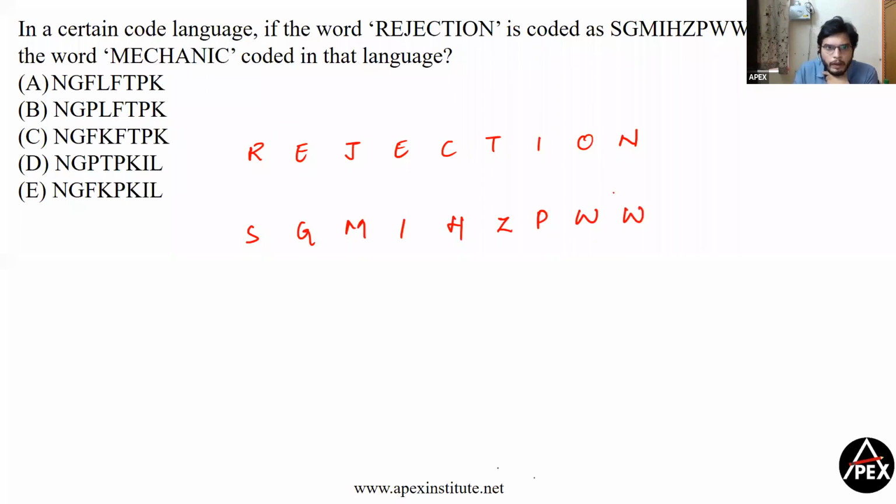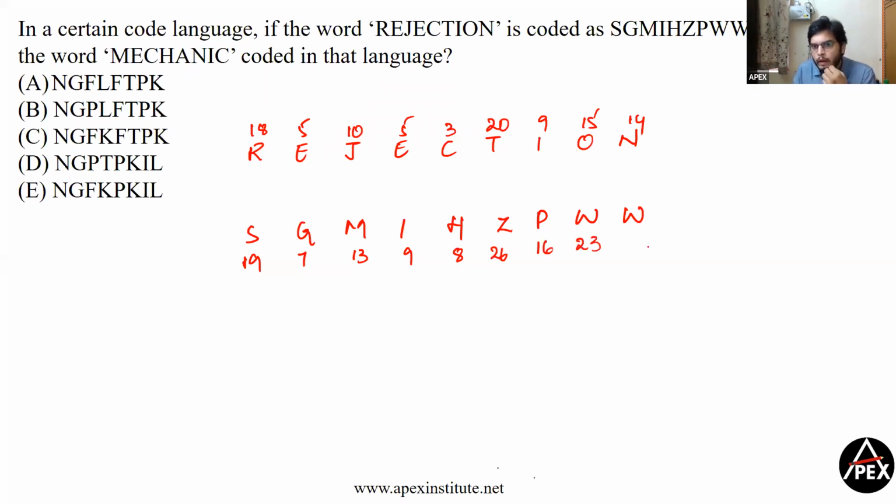So R is 18, E is 5, J is 10, E is 5, C is 3, T is 20, I is 9, O is 15 and N is 14. Okay, S is 19. Sorry, 19, G is 7, M is 13, I is 9, H is 8, Z is 26, P is 16, W is 23, and W is 23.